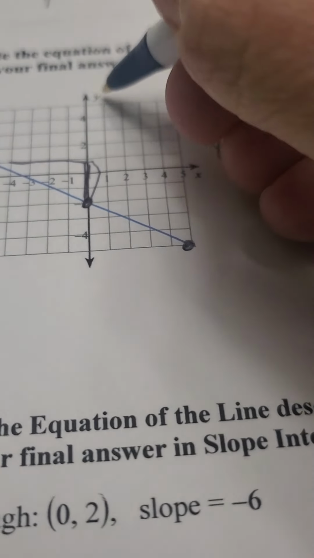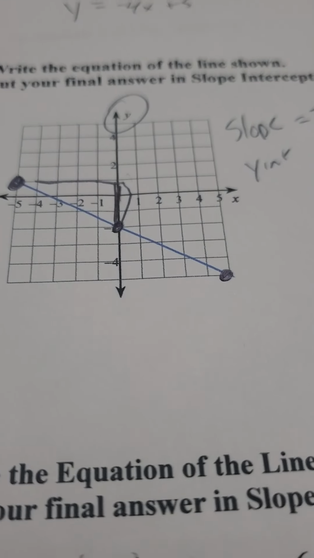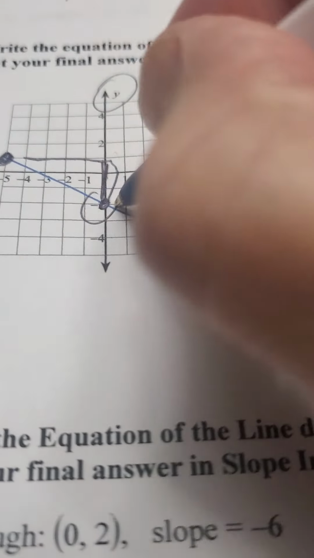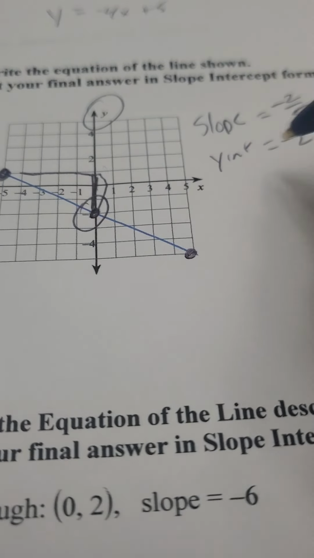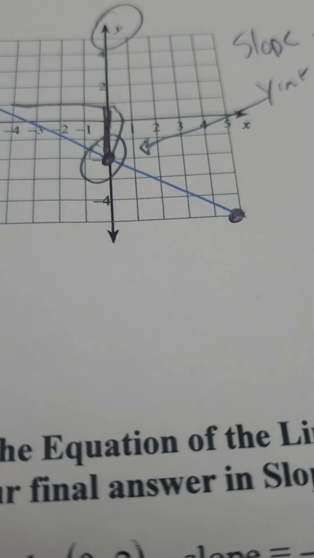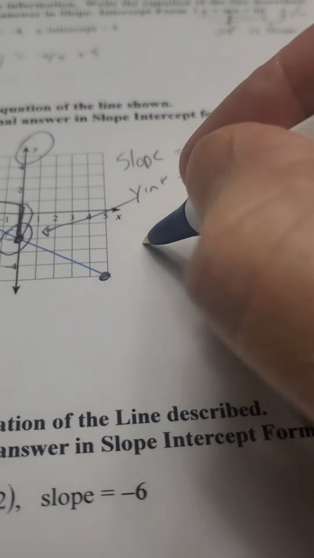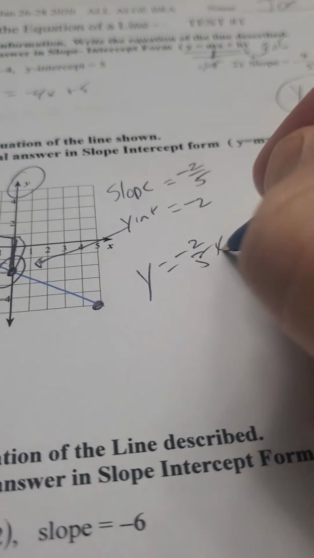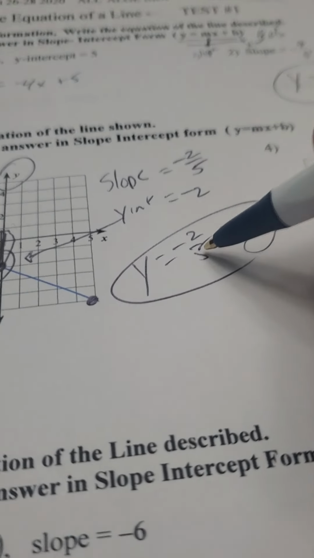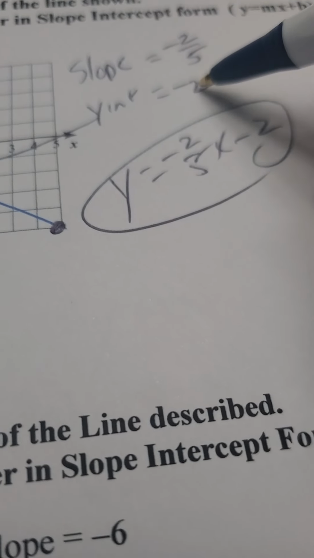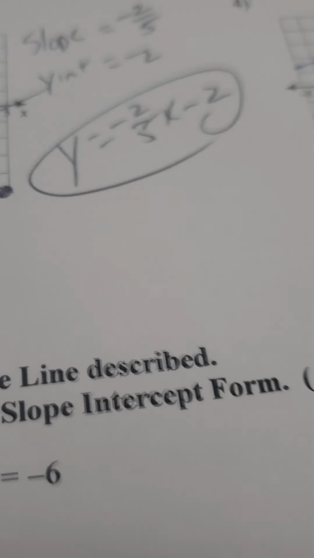The y-intercept is where it crosses the y-axis, and it crosses y at -2 right there. Okay. So now I just plug it in. I put the slope in for m. I put the y-intercept in for b.